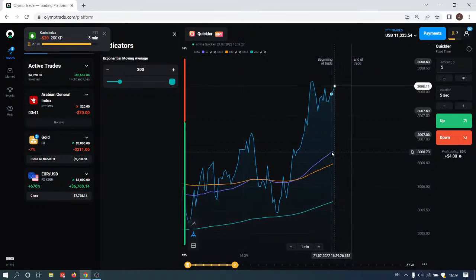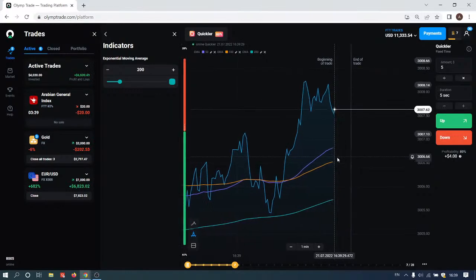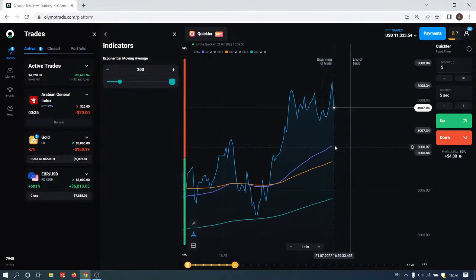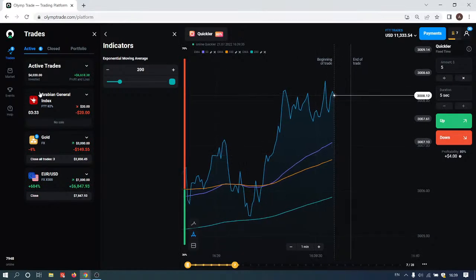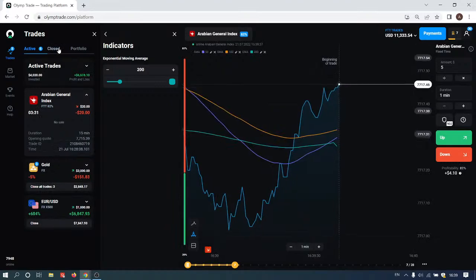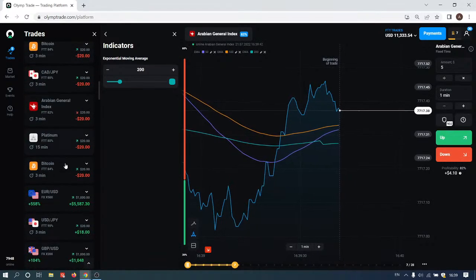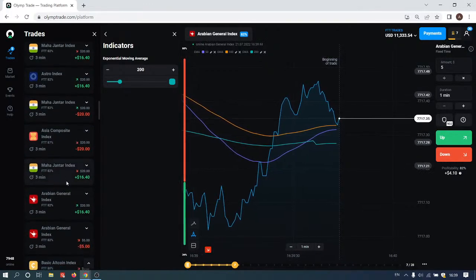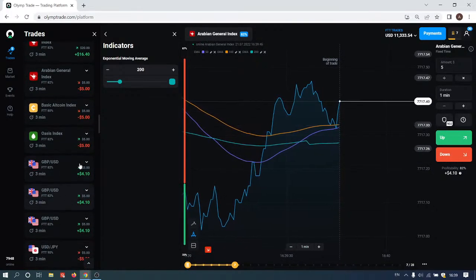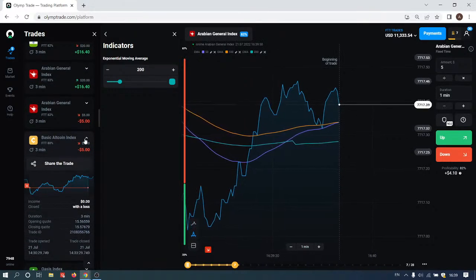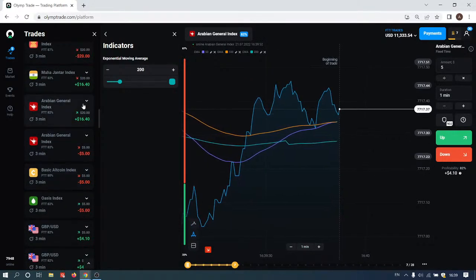So what you want to do with Quickler is open your trades as close to these levels or layers of support or resistance as close as possible. Right, guys, now I think it's time to calculate my profitable trades, my losing trades. So where did I start today? So I started here.